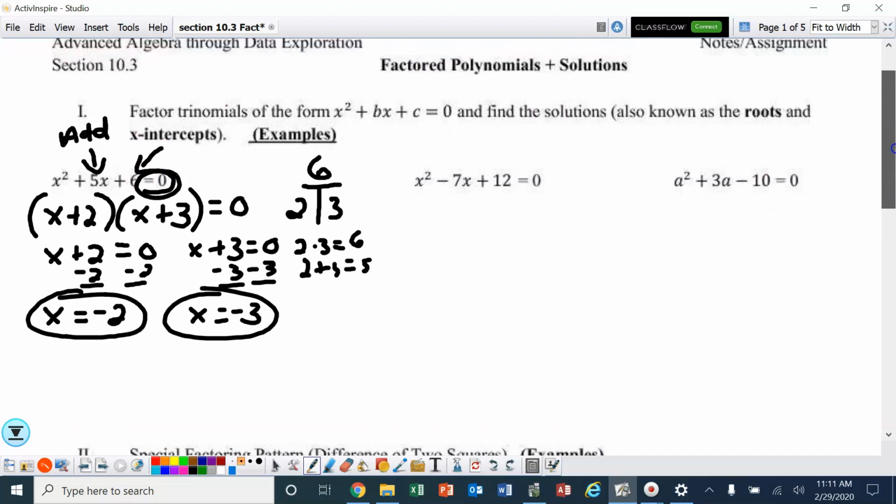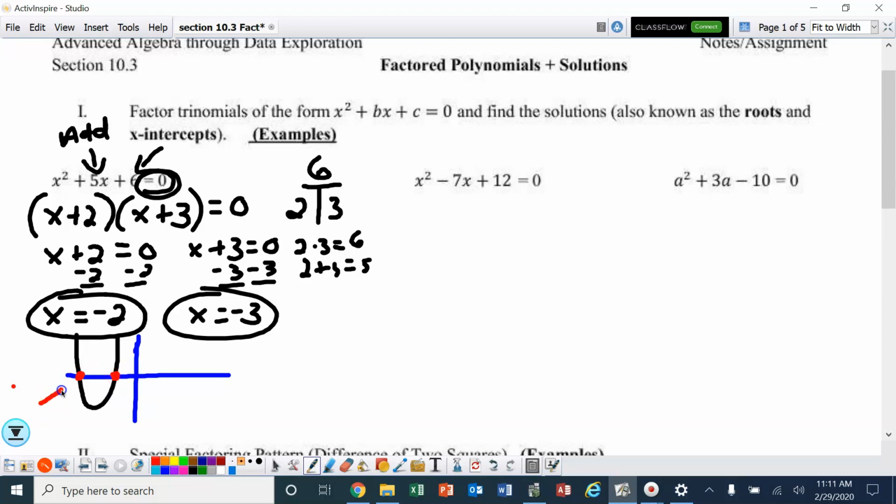Now, if you think about this, if we were graphing this polynomial, those solutions are telling us where it's crossing the x-axis.